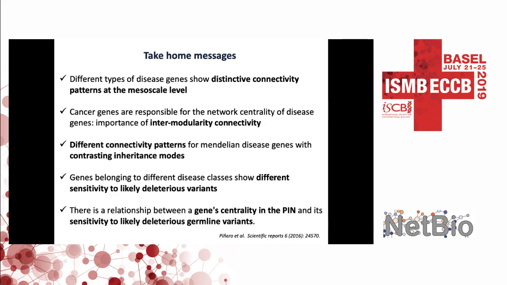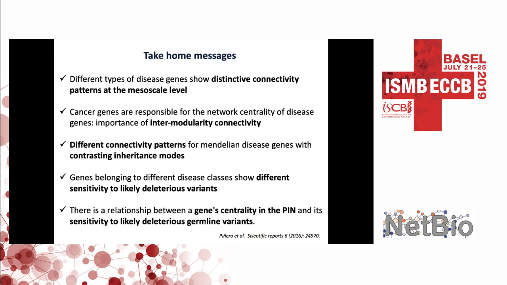So to sum up, we observed that the different types of disease genes have different properties and different patterns of connectivity measured at the mesoscale level. That the cancer genes are responsible for this, for the network centrality of disease genes. And we want to stress the importance of this intermodular connectivity.